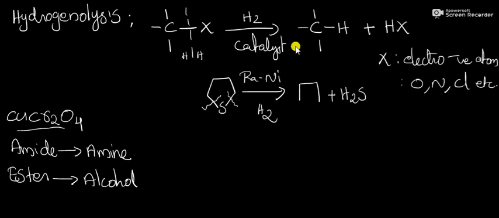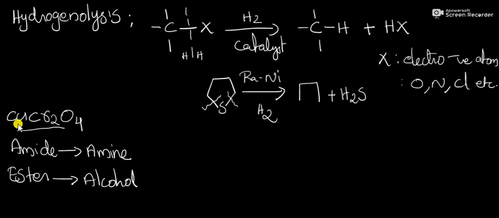For example, this is a heterocyclic compound. In the presence of Raney nickel, it will undergo hydrogenolysis. Hydrogen will add at a saturation and it will be converted into normal butane and hydrogen sulfide.